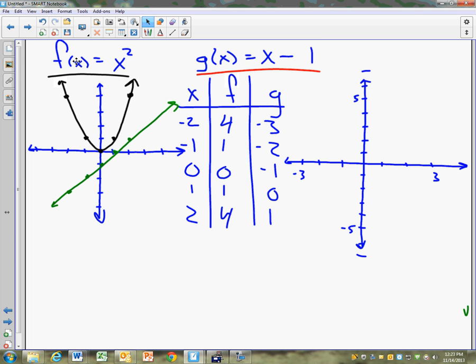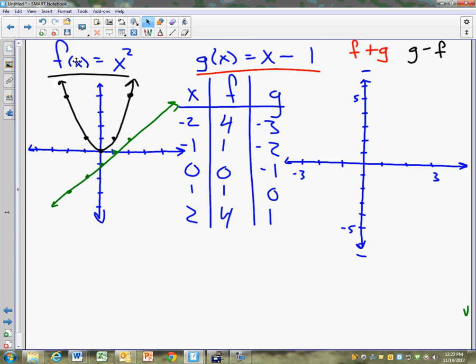The directions in your notes say to sketch f plus g and g minus f, correct?